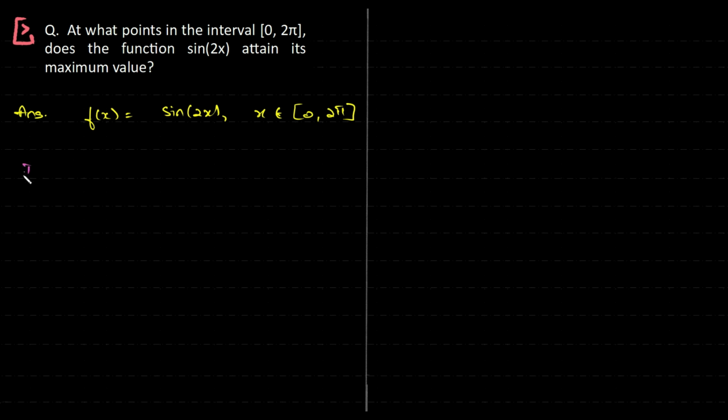So the very first step would be to find f prime of x. So differentiating f of x with respect to x, we have f prime of x equal to 2 times cos of 2x.